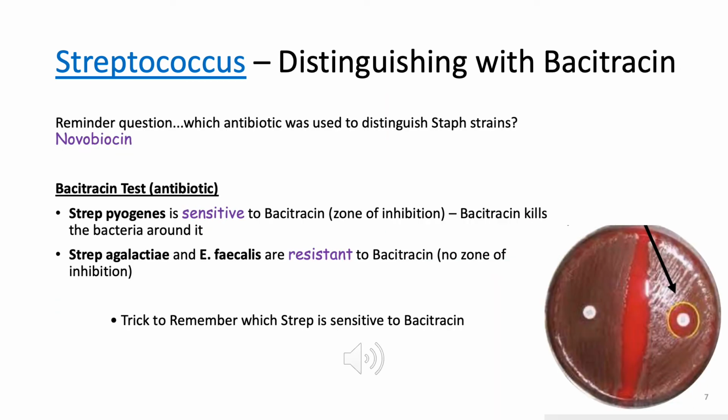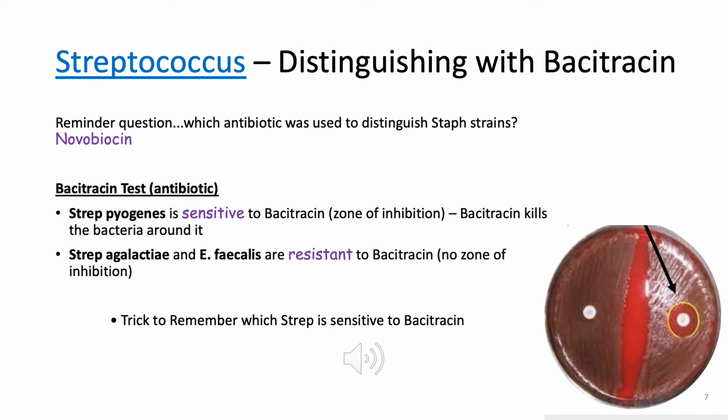So just like we did for Staphylococcus, we can use an antibiotic disc to distinguish the species of Streptococcus. But we use a different kind of antibiotic disc. So remember which antibiotic was used to distinguish staph strains. It was novobiocin. For strep, we're going to use bacitracin.